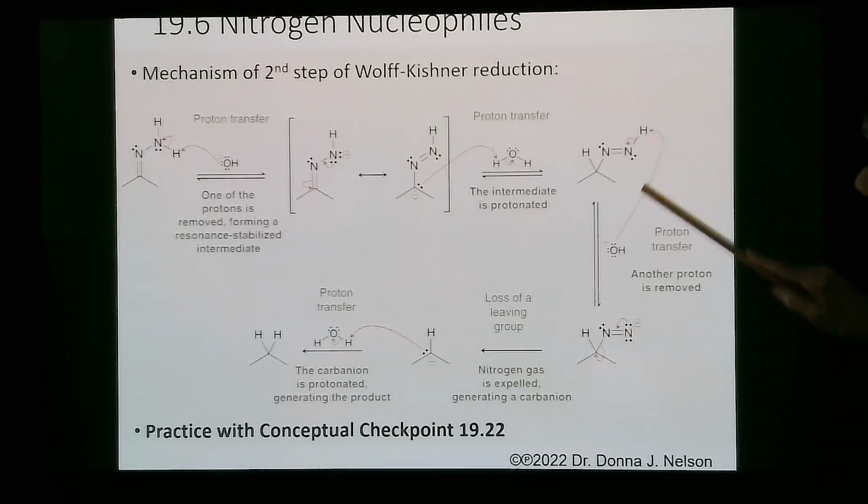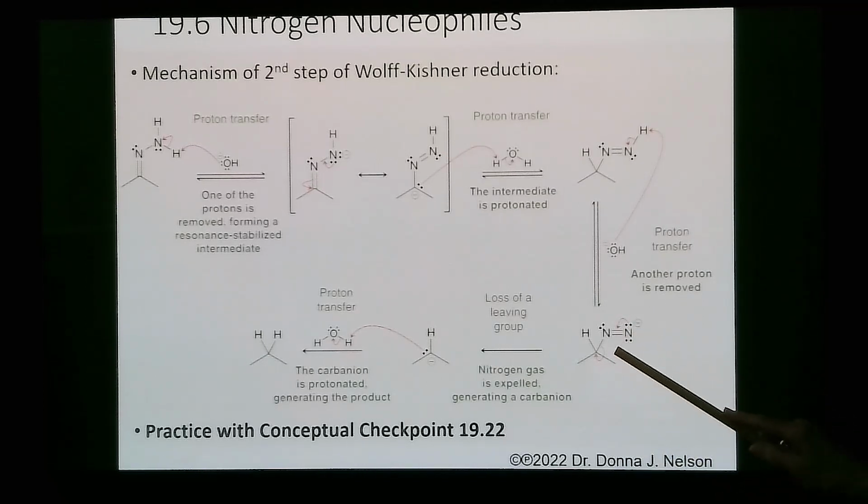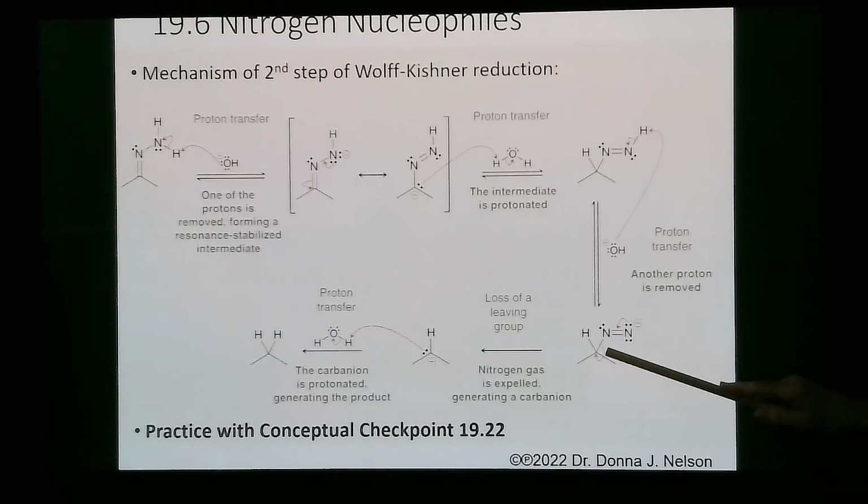So first the proton is removed, then the pair of electrons on nitrogen moves in and forms the second pi bond of the nitrogen-nitrogen triple bond. Then the pair of electrons in the carbon-nitrogen bond moves back onto carbon as the nitrogen-nitrogen triple bond is formed, and so N2, molecular nitrogen, is expelled.